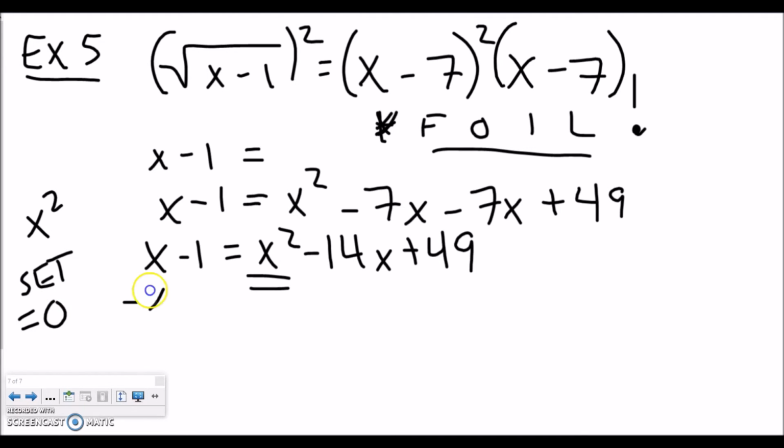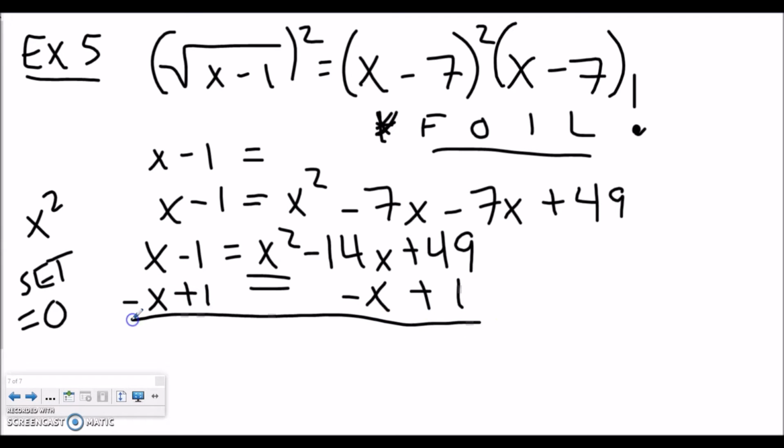So I will minus an x from both sides, and I will add a 1 to both sides. Now I get a 0, which I need when I have an x squared. x squared minus 15x plus 50 equals 0.